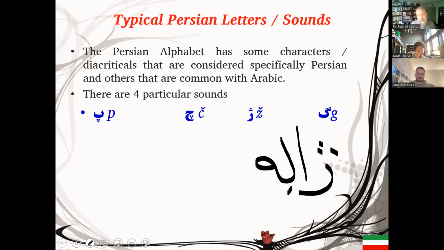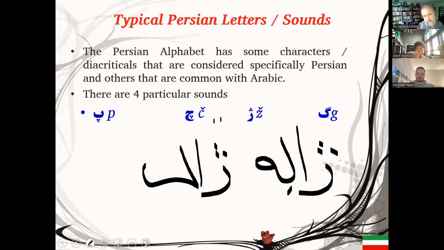But I can also use the letter J if I want to write, for example, the word Jacques. Right? Jacques as a French name, or Georges as a French name. So it has a binary function. We can use it for Persian words, but also for loan words.